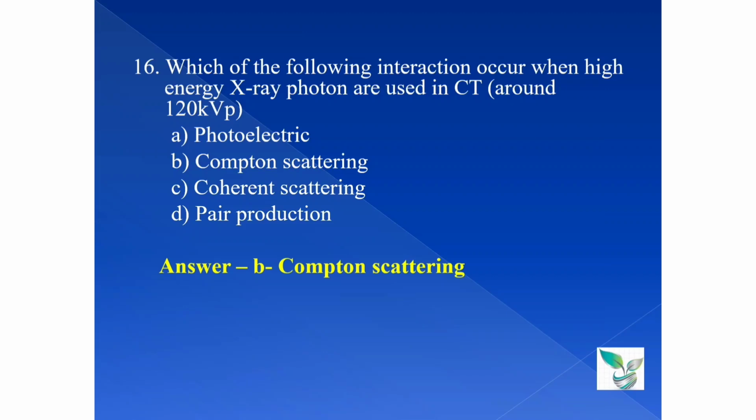When you are taking an X-ray using a kV range and when you are taking an X-ray using an MV range, which one will have more contrast? More contrast corresponds to the image exposed using a kV range. But the disadvantage of the photoelectric effect is that the patient dose is high.